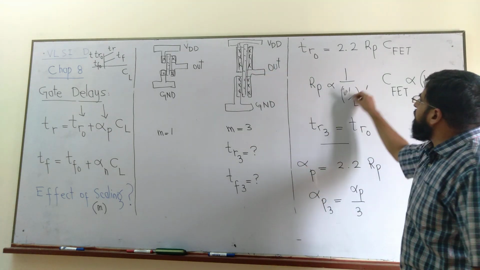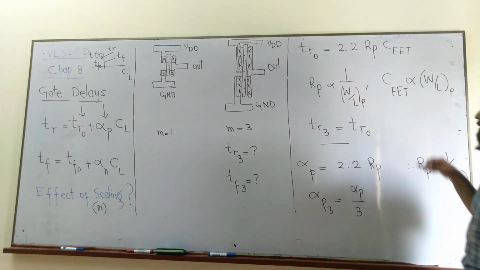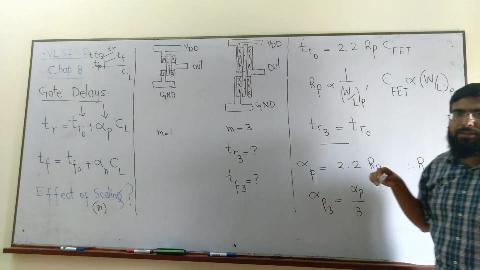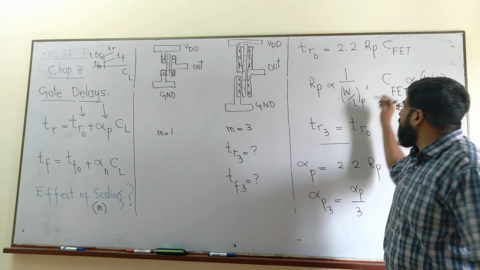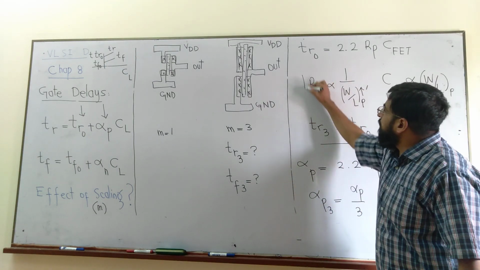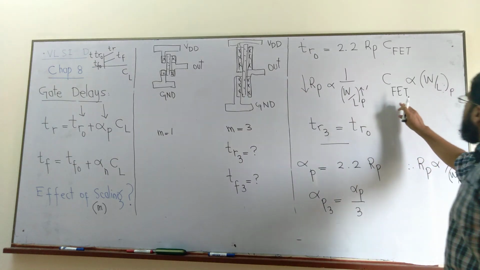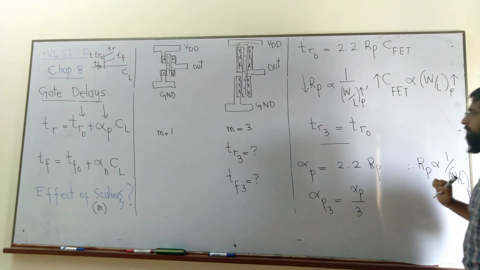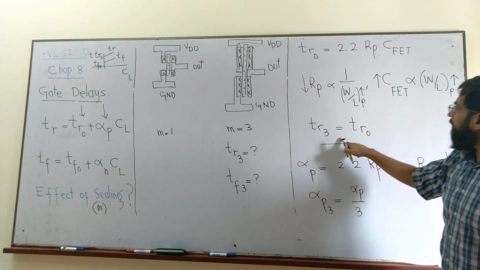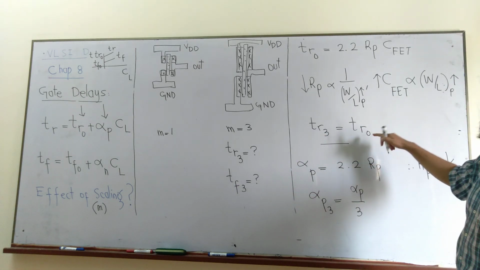So RP is inversely proportional to the aspect ratio of P. If the aspect ratio is large, of course the resistance is smaller. So this is obvious, and we have studied expressions for this too. And CFET is directly proportional to the aspect ratio. So TR03 is TR0. Why?